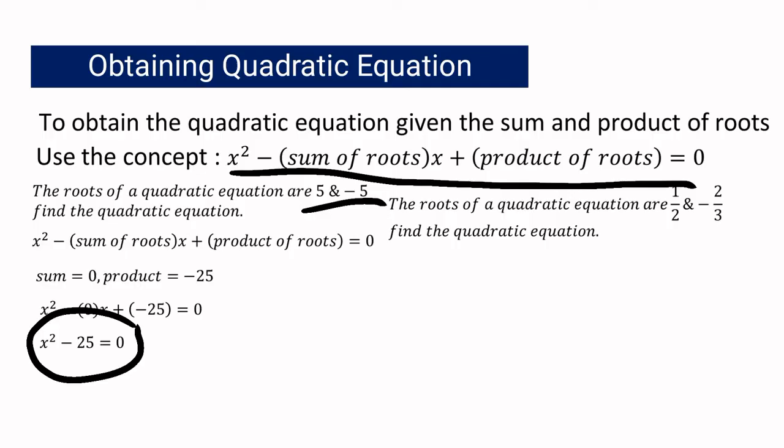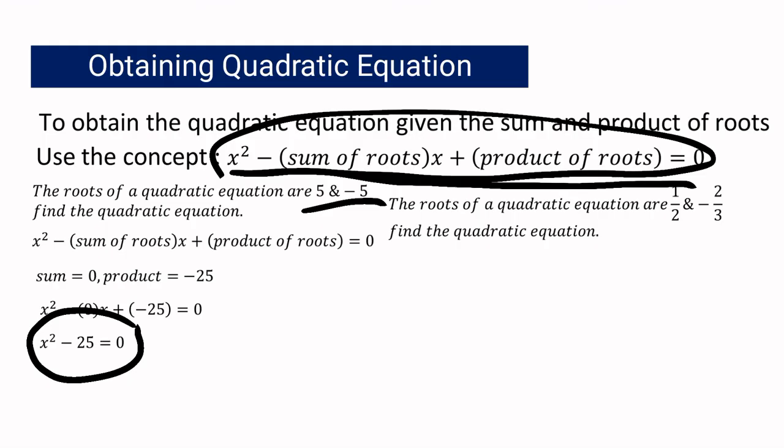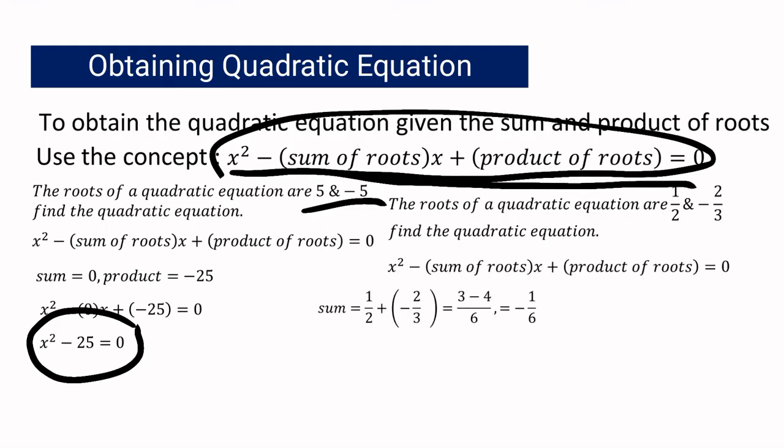Another example here. The roots of a quadratic equation are 1/2 and negative 2 over 3. We are going to find the quadratic equation. Again, since the given are the roots, let us get the sum and the product for us to be able to use this concept. In getting the sum, we have 1/2 plus negative 2 over 3. You are going to get the LCD, which is 6.